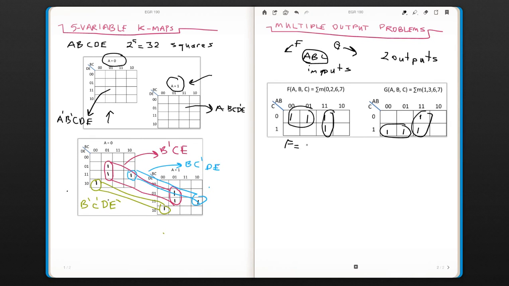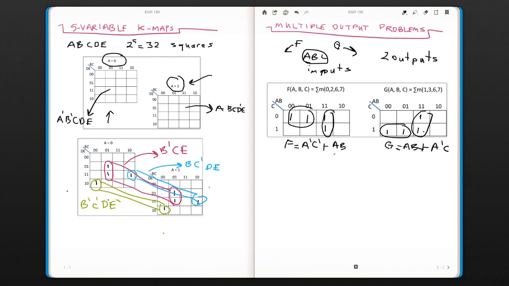F is going to be, A is not changing, A naught, C naught, plus AB, and here G is again the same one, AB plus A naught, C.